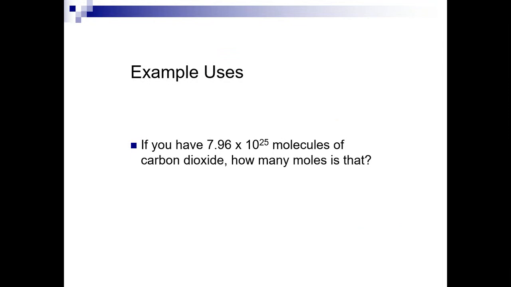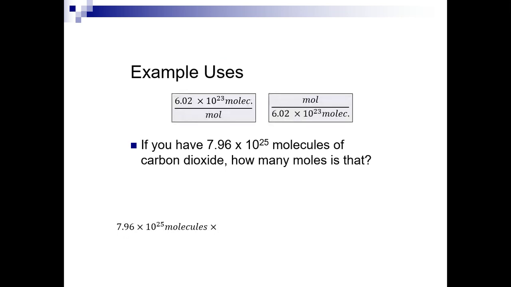How about this one? If I have 7.96 times 10 to the 25th molecules of carbon dioxide, how many moles would that be? Well, again, you always start with what's given to you. In this case, it's 7.96 times 10 to the 25th molecules. I need to use my conversion factors, where now I have 6.02 times 10 to the 23rd molecules per mole.